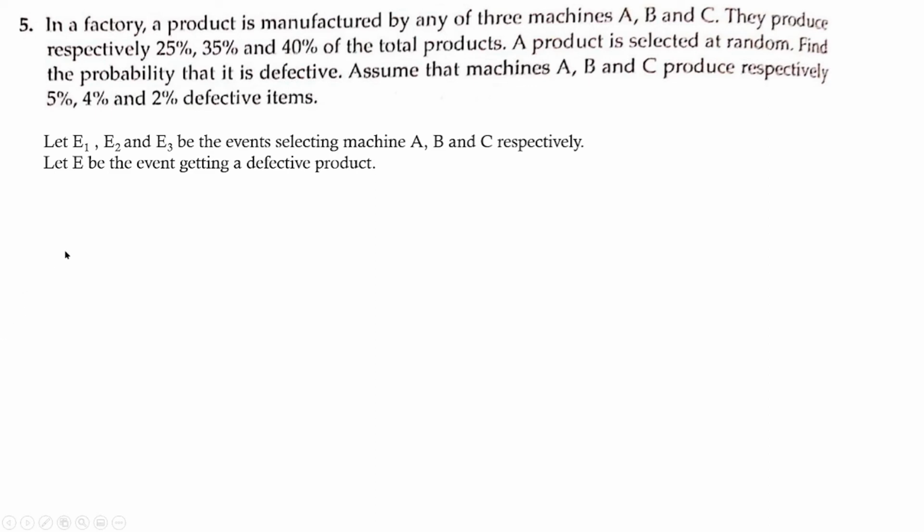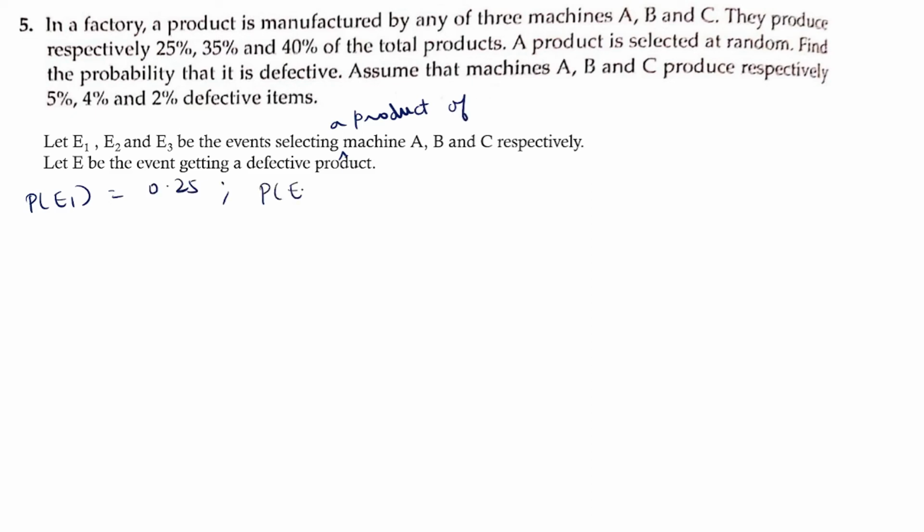It is given directly. So let E1, E2 and E3 be the events of selecting a product from machine A, B and C respectively. Machine A produces 25%, which means probability of E1 will be 0.25.